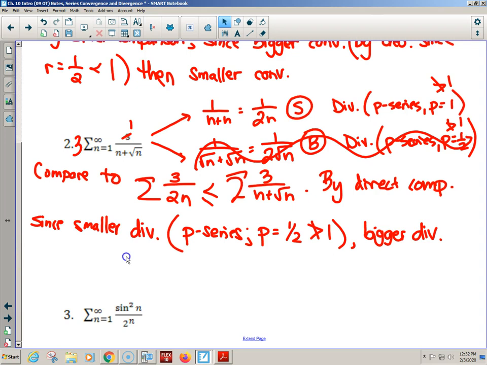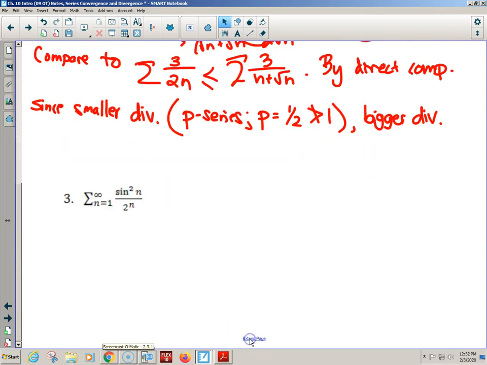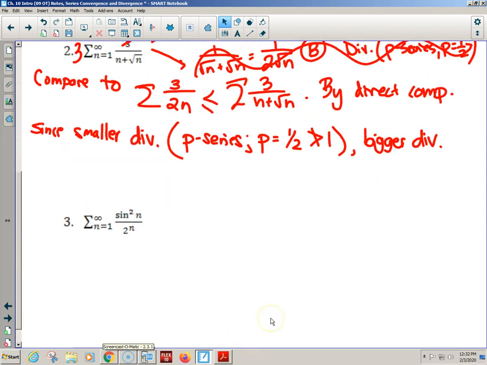How about this guy? Oh, sine goes positive and negative. Can't use the test. It's not just sine. Sine squared. What are positives and negatives squared? Okay, so pass the test.